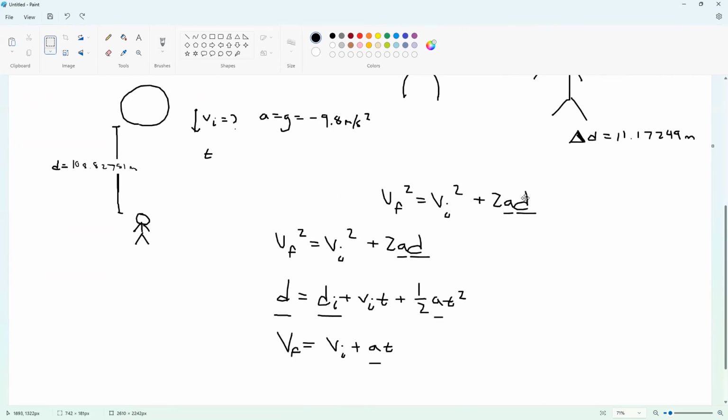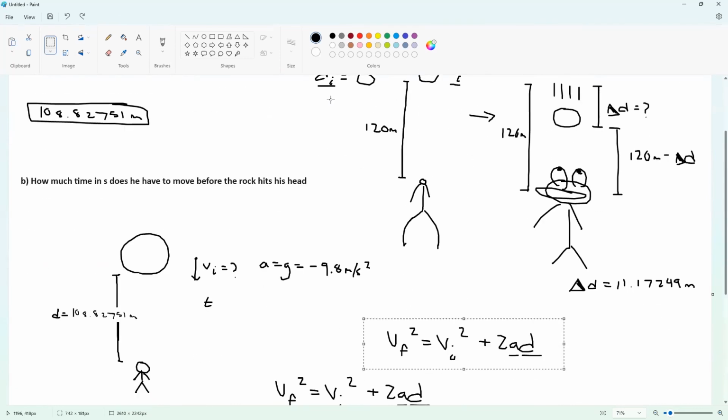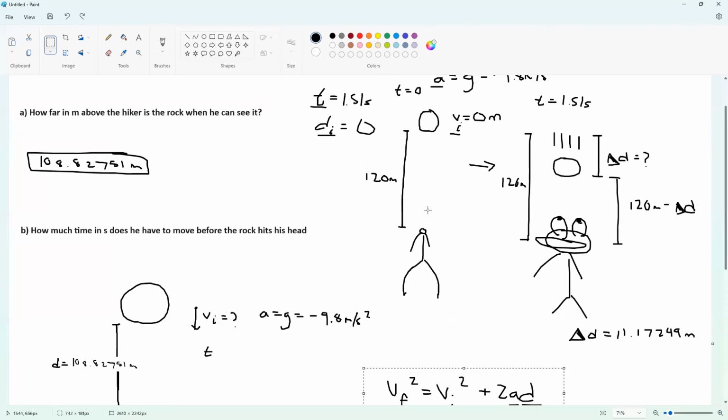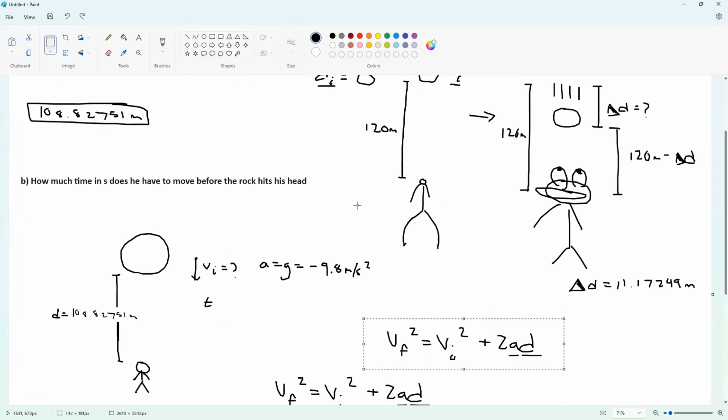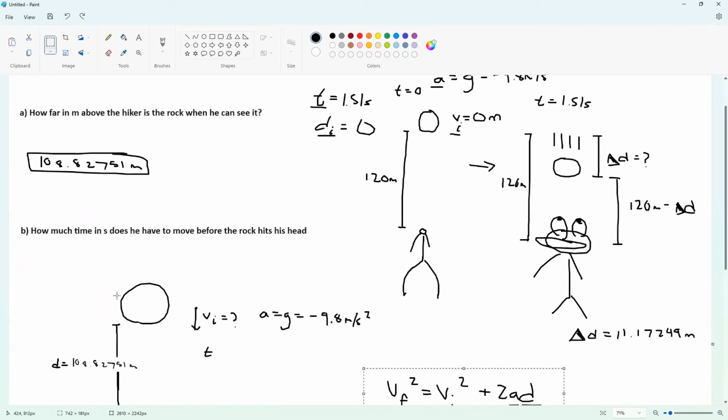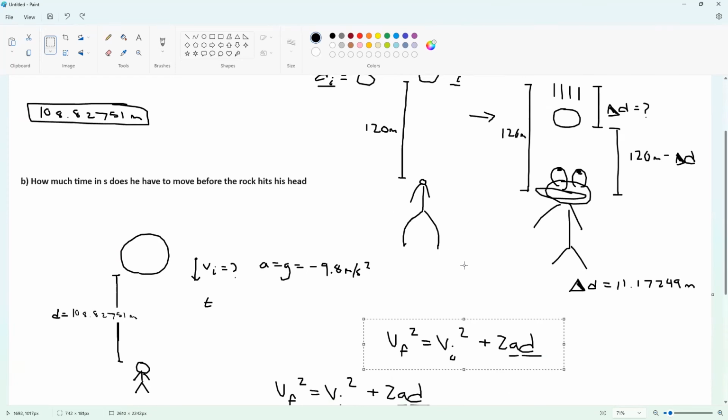We can use this formula with this data to find the final velocity. In this case, this final velocity is going to be our initial velocity, because we are looking from the point after it has fallen some distance. Okay, let's go ahead and look for that.